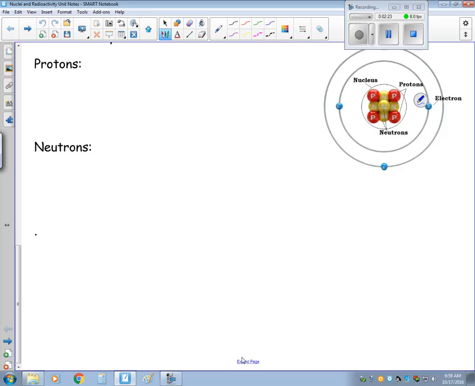So for the protons, they weigh about 2,000 times more than the electrons. Now they have the same charge as an electron, but they're positive.